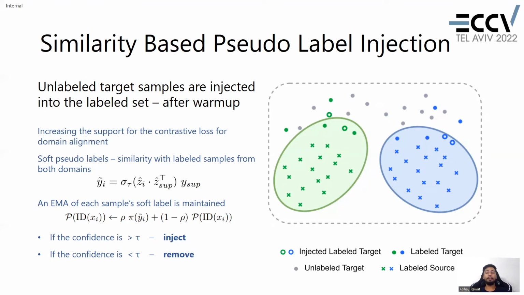If so, then we assign the label to the unlabeled sample as the argmax of the averaged pseudo-label. And then we inject that data point into the labeled target dataset, thereby increasing the support of the labeled target set. We also remove previously injected samples if the confidence drops below the threshold.